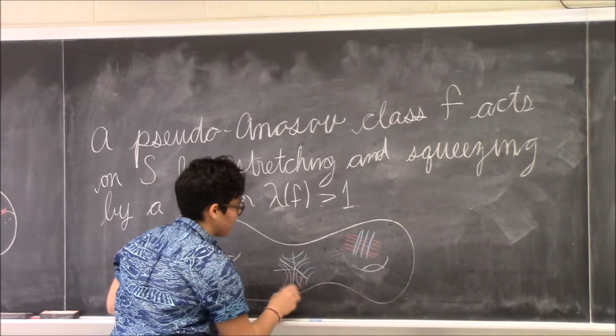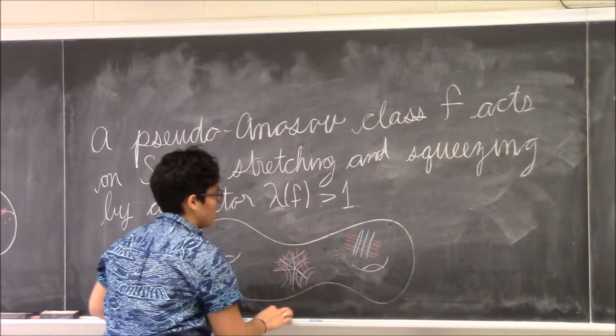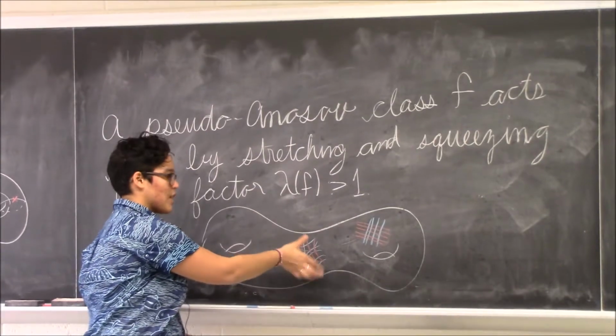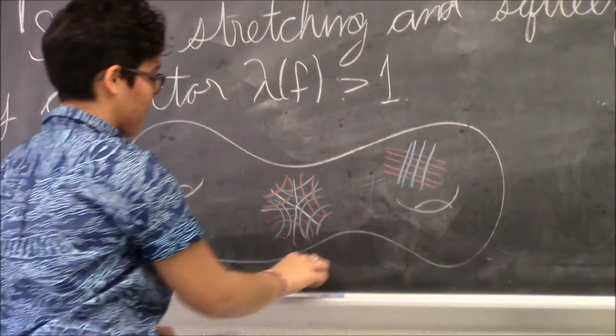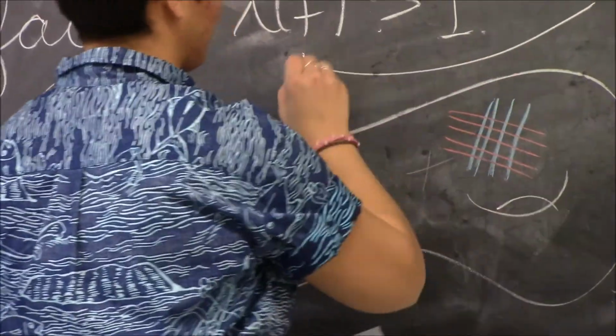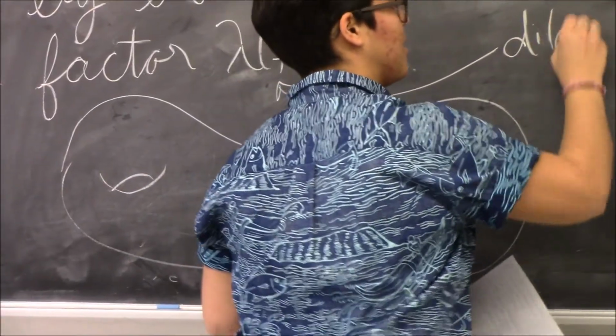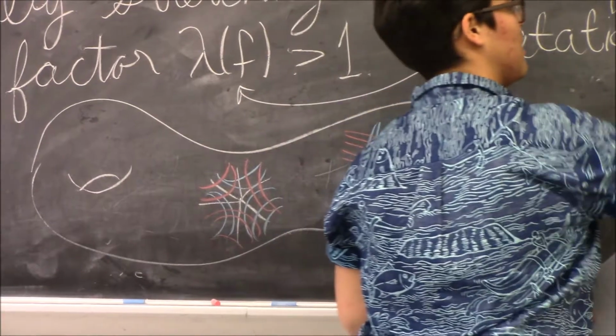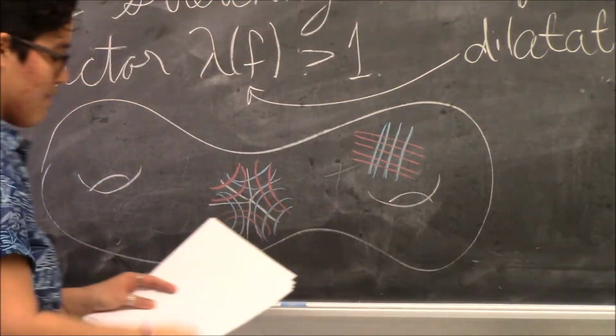But still, we'll have a really nice action of the pseudo-Anosov, where we compress in one direction and squeeze out in the other. And so this stretching factor, lambda f, is what I'm going to call the dilatation. It's also often called the stretch factor, which I guess makes a bit more sense. So this is the dilatation of f.